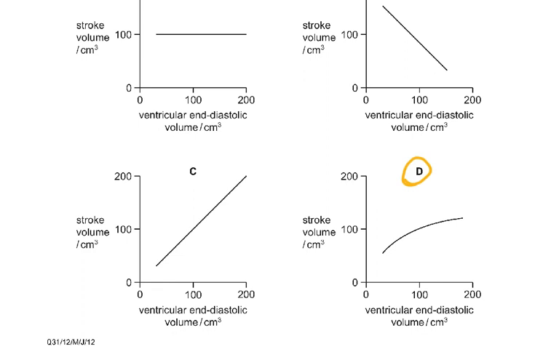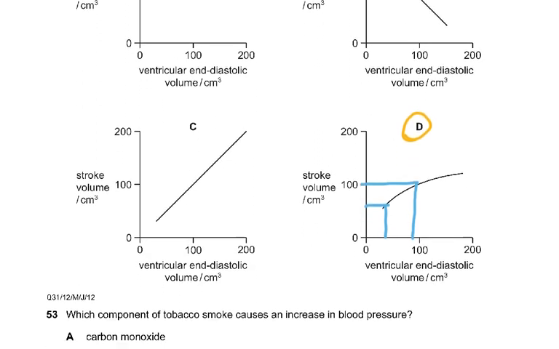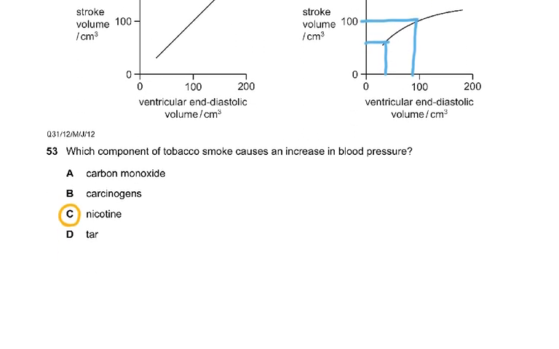So the answer was D. In this question, what you have to realize is that if the ventricular end diastolic volume increases, so will the stroke volume increase, because that is at the end just before systole. More blood will be pumped out per ventricle per contraction.